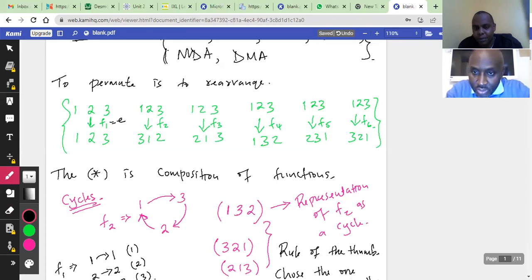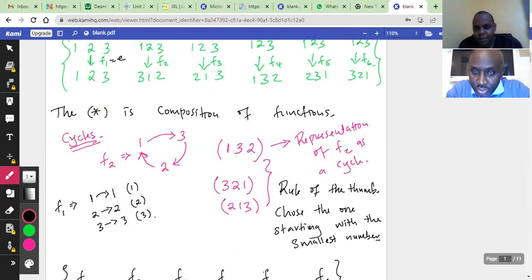F6: 1 goes to 3, 2 goes to 2. We close it.